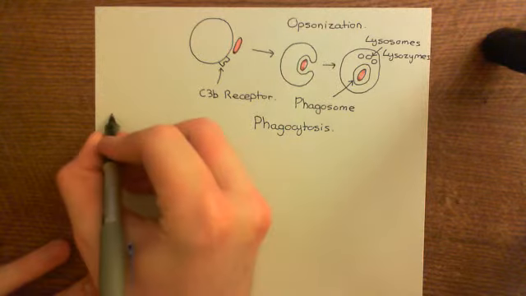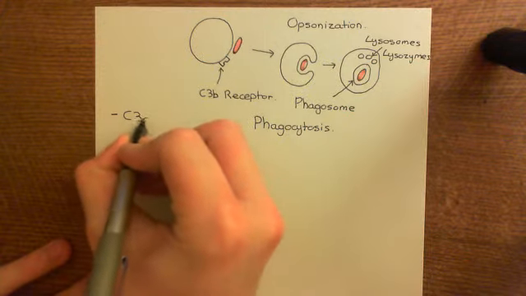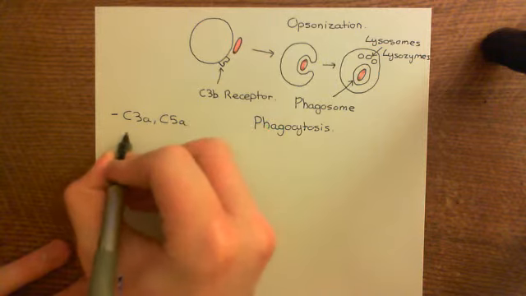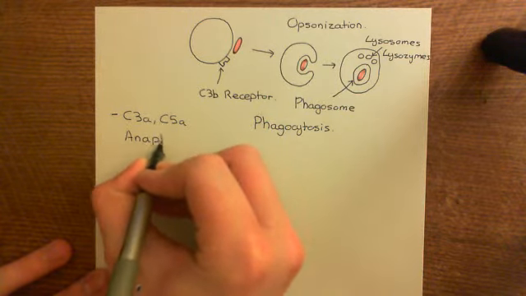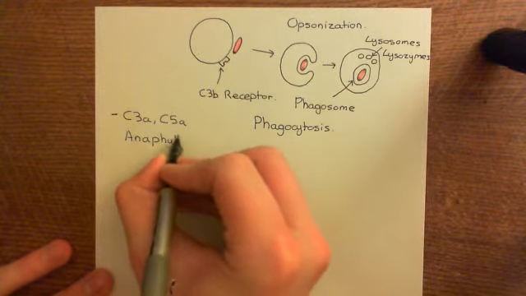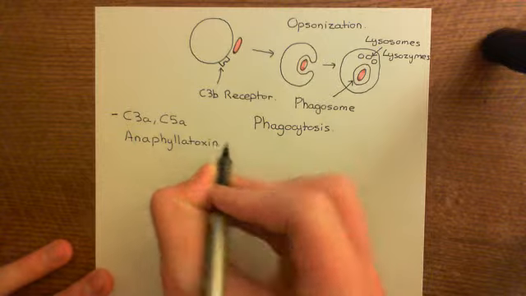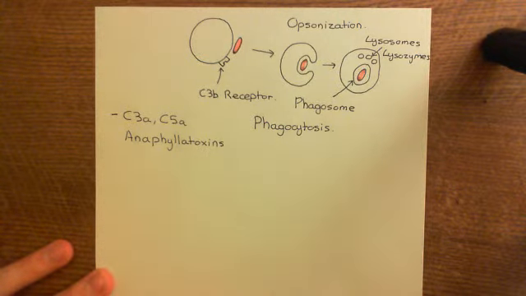The next function that complement plays is that it generates two molecules known as C3a and C5a, which are what are known as the anaphylatoxins, because of their involvement in anaphylactic shock. So what do these molecules do?